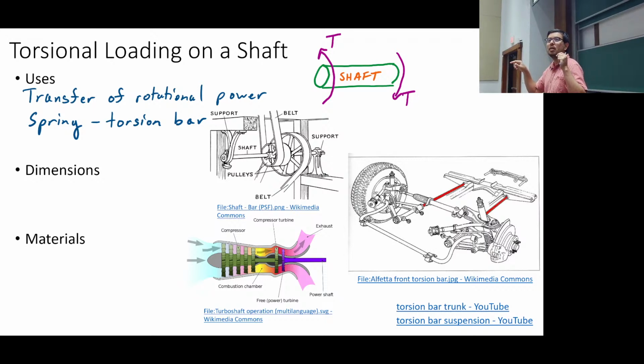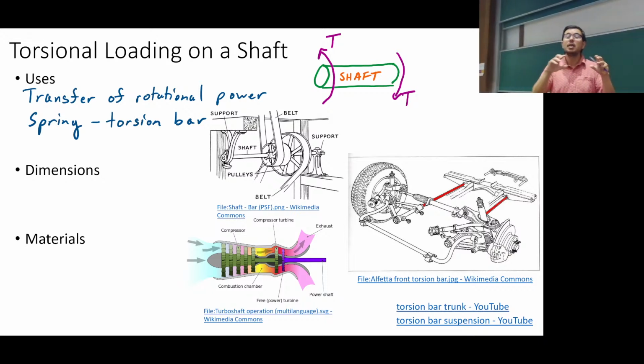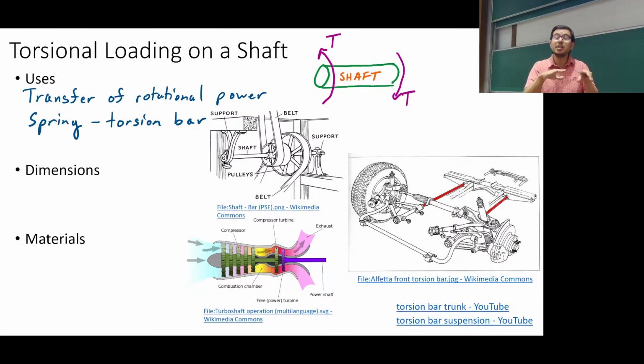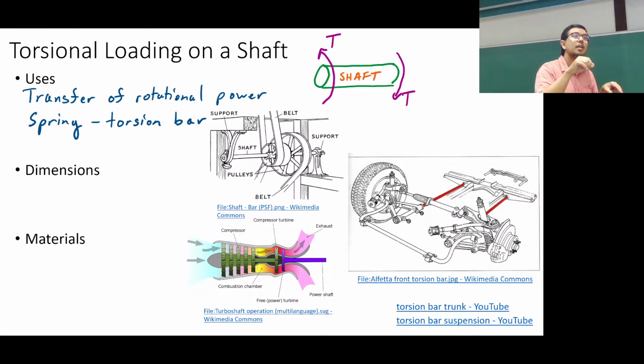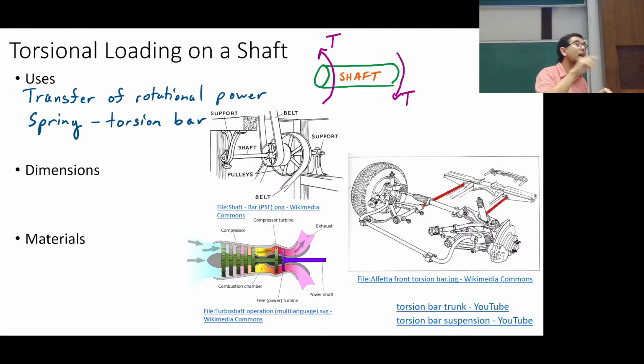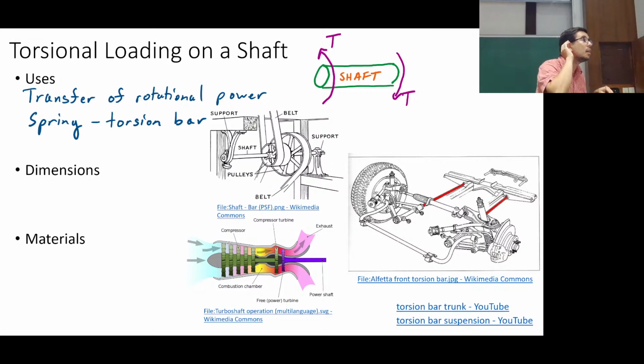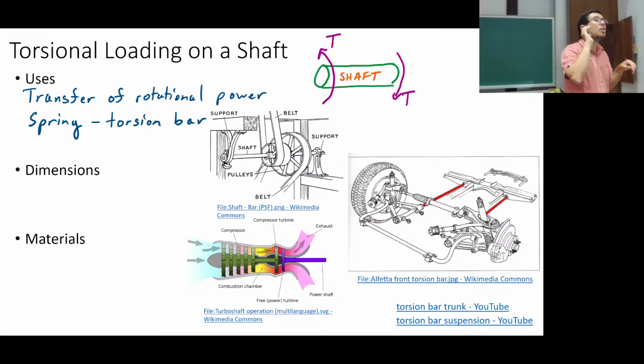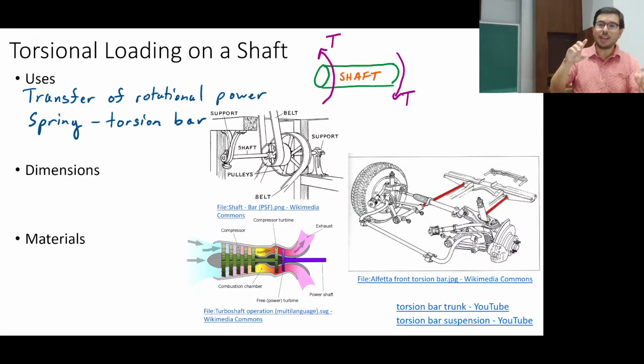Okay, so the differential itself is doing something else, but yes, again, suspensions, they use torsion bars. Something called an anti-roll bar or a swing bar. Okay, anti-roll bars, so roll. That's interesting.